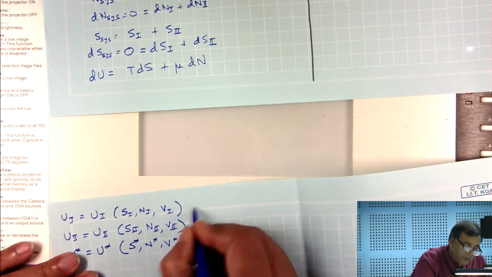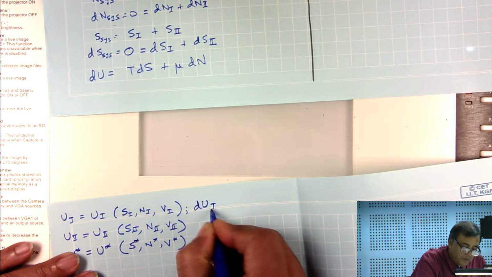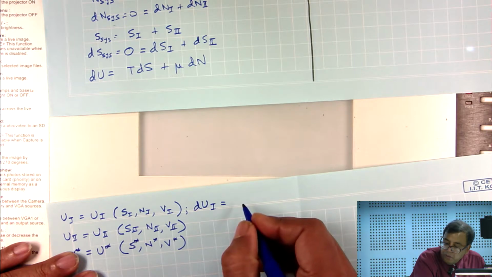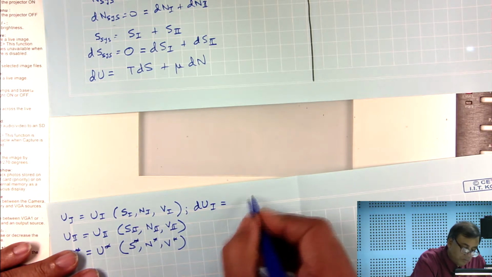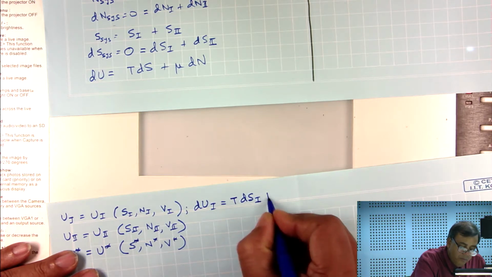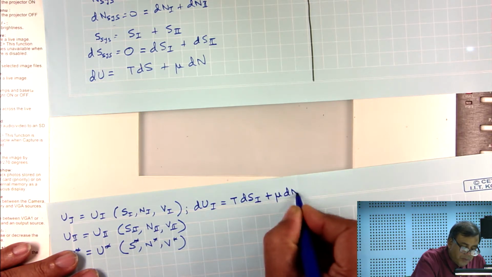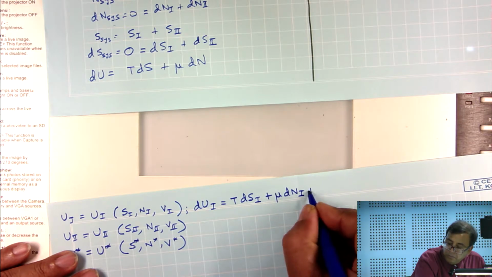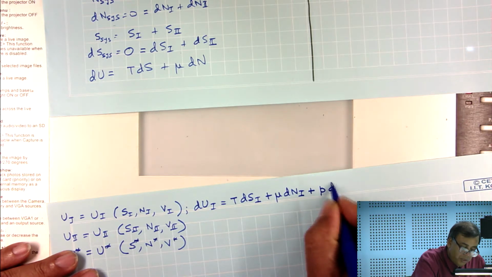So, if I do a dU1, I will get T dS1 plus mu dN1 plus P dV1.